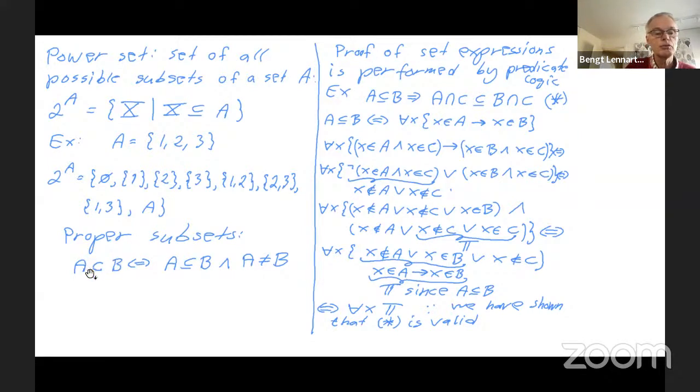A is a proper subset of B means that A is a subset of B, but A is not equal to B. So in this case, A is absolutely smaller than B. The number of elements in A is absolutely smaller than the number of elements in B. So that could be actually another way to define a proper subset, using the number of elements, the cardinality as it is also sometimes called. And the cardinality is written with a vertical line before and after the set. That tells the number of elements in a set.